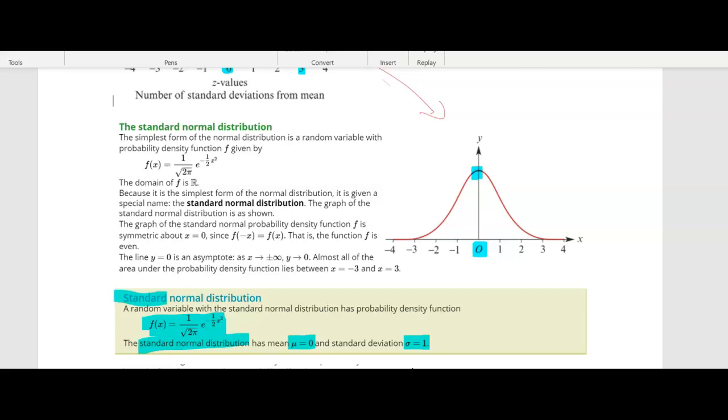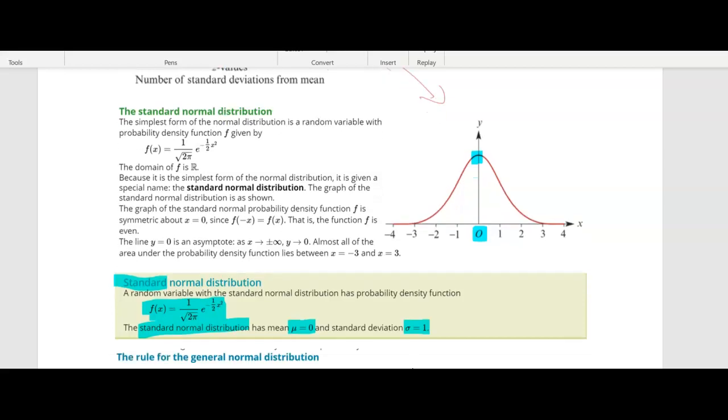Okay, so if it's just a normal distribution, it's not going to be 0 and 1, but when you standardize it, it's going to be 0 and 1. Okay, so just remember that. Okay, so there's your standard normal distribution. So a mean of 0 and a standard deviation of 1.